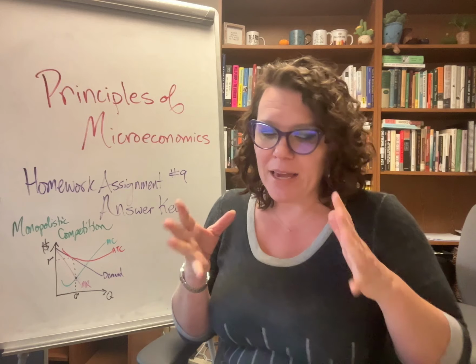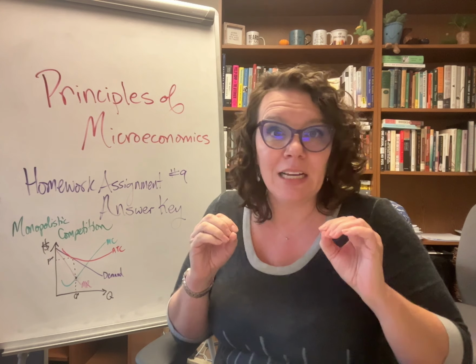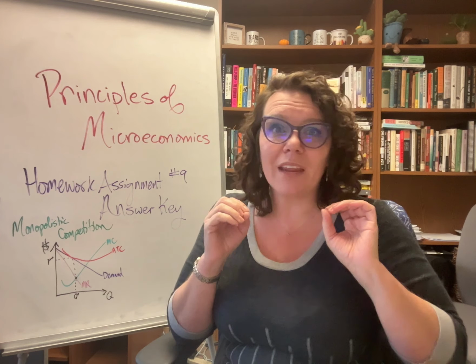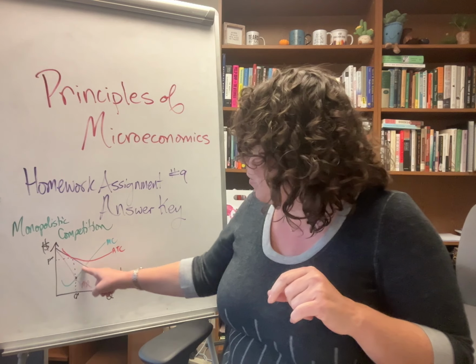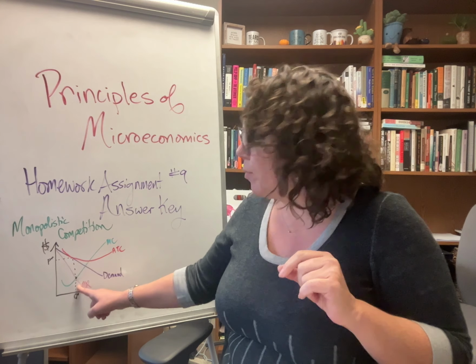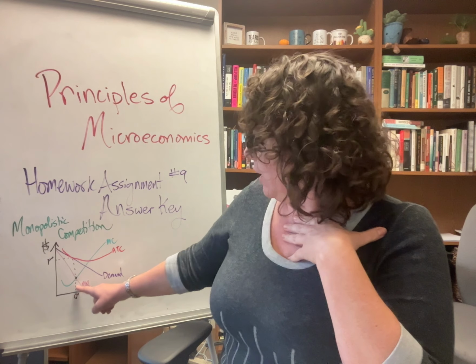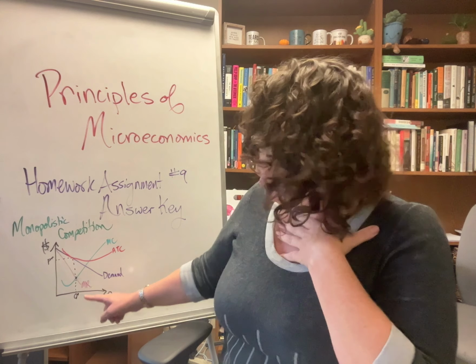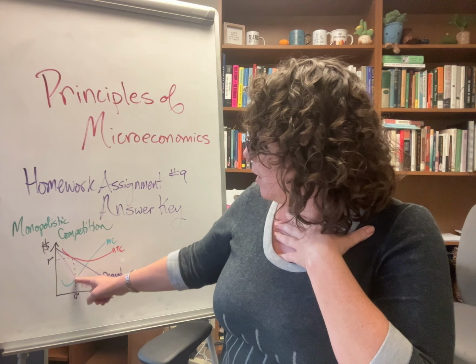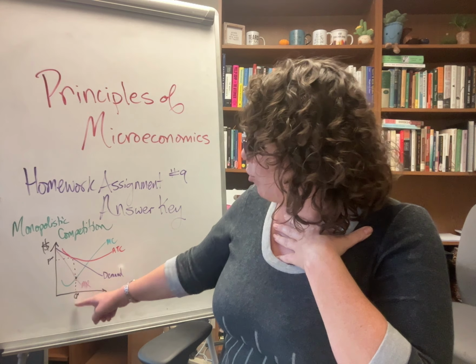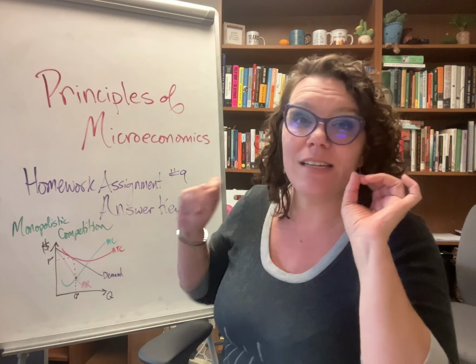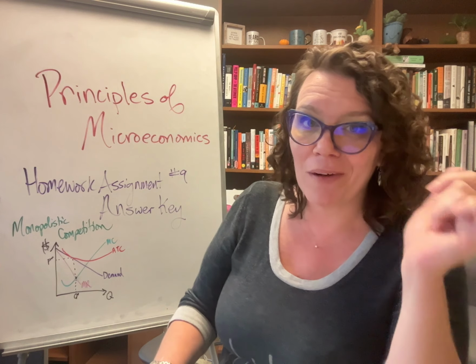And so basically monopolistic competition is like a monopoly in that firms see a downward sloping demand curve and a downward sloping marginal revenue curve. It's like a monopoly and like a perfectly competitive firm in that our company is going to select a profit maximizing quantity based on marginal revenue equal to marginal cost. And like a monopoly, they're going to charge a price based on the demand curve, not the marginal revenue curve.